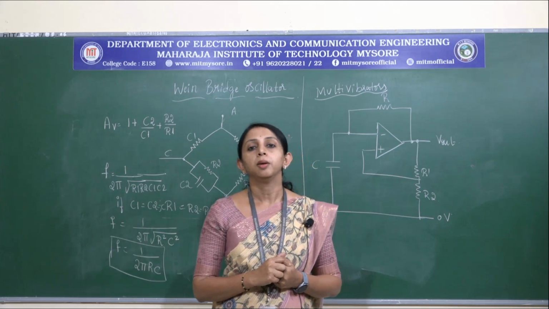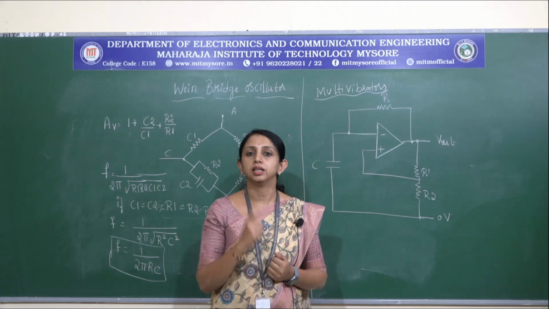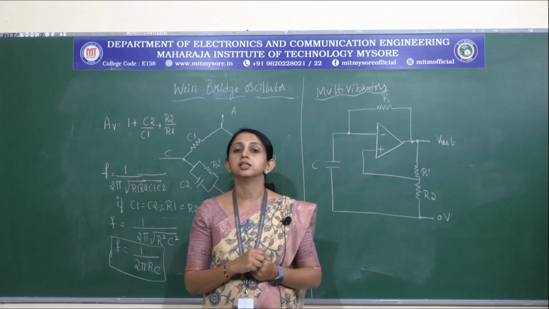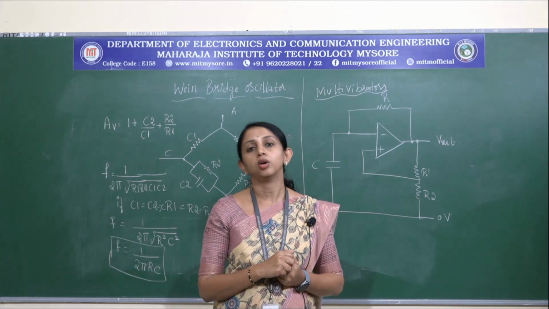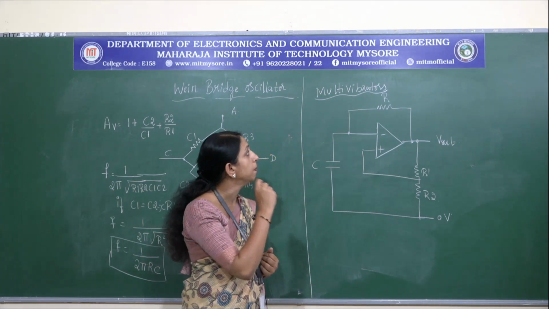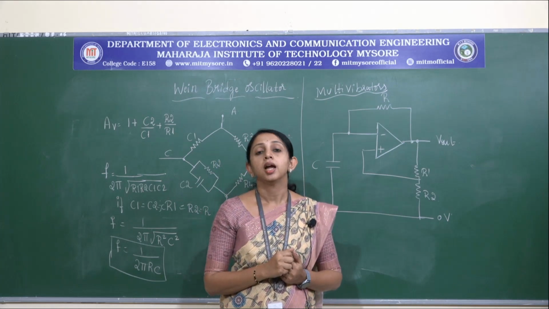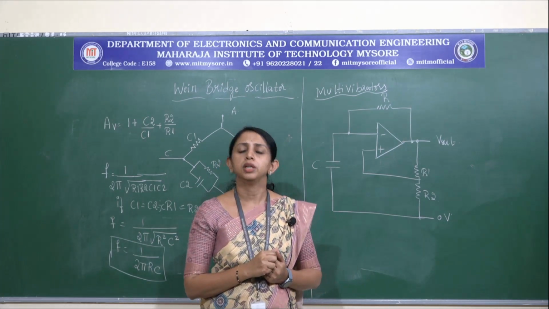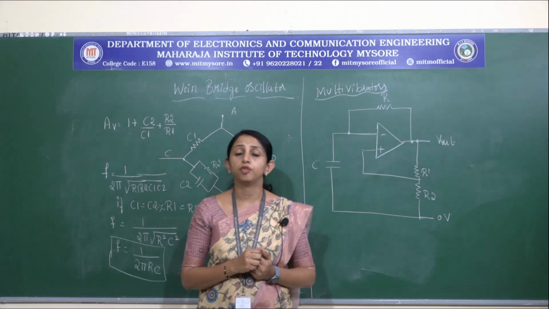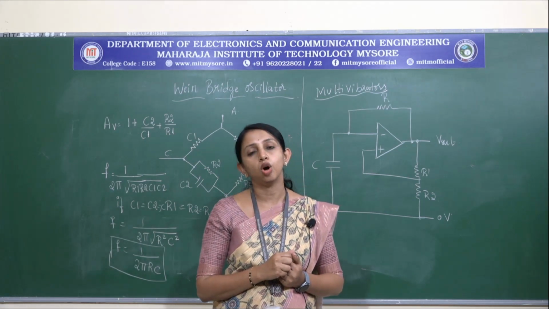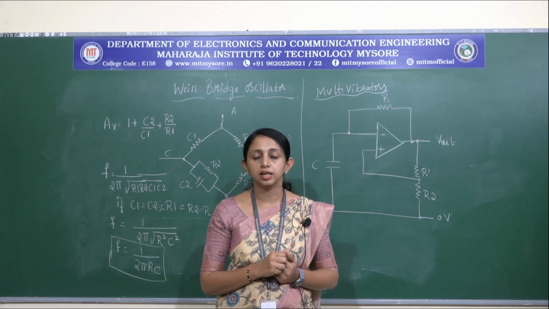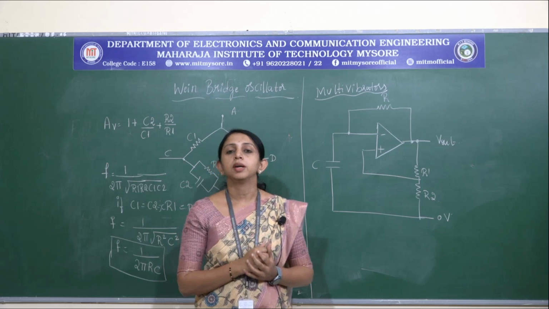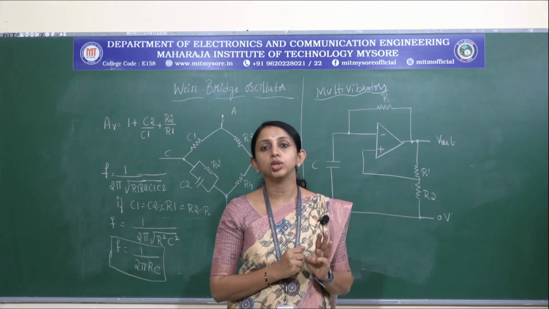Multiple vibrations in the case of oscillators are produced, and those oscillators are called multivibrators. The multivibrator will produce a waveform in the form of a square wave or in the form of rectangular pulses. Multivibrators include 3 major types.